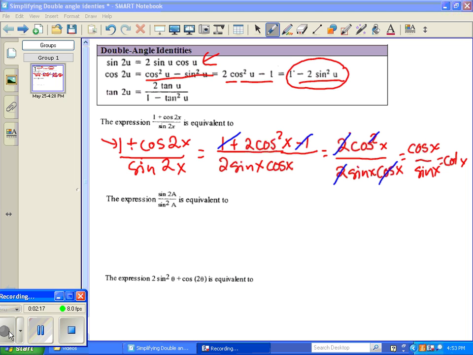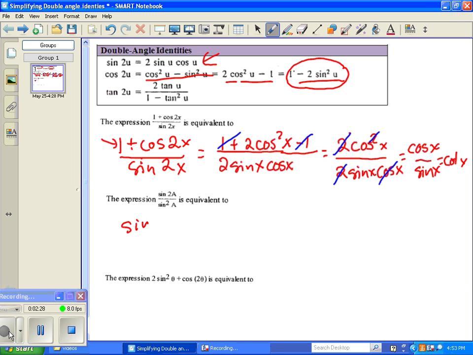Okay, let's take a look at the next expression. So we have sine of 2a over sine squared of a. Okay, so this is not too difficult. So sine of 2a over sine squared of a equals, now for the top, we only have one choice what we can substitute in.